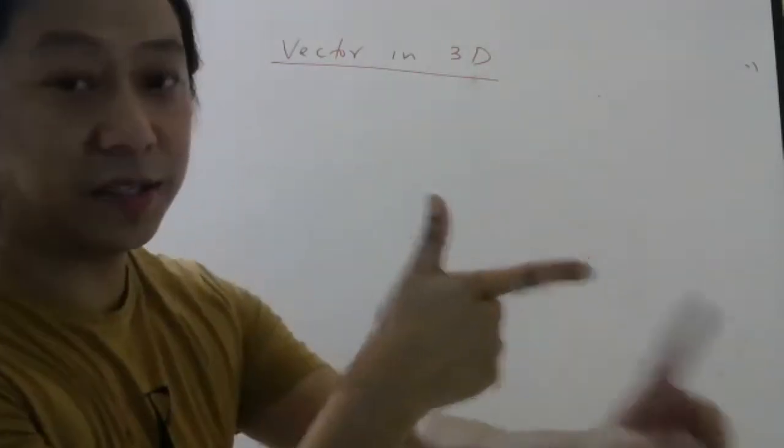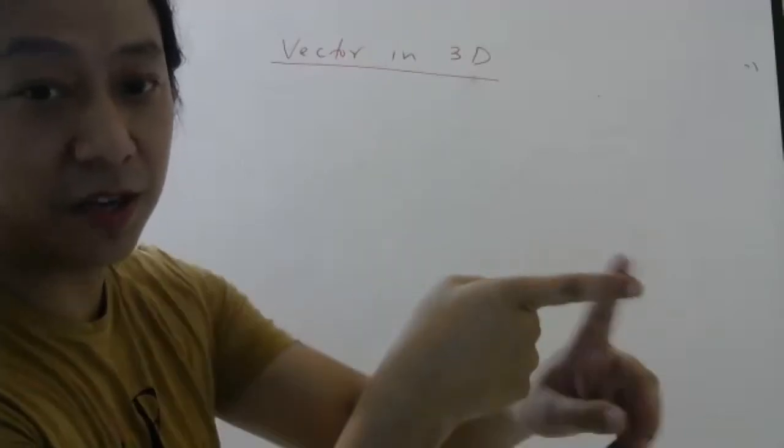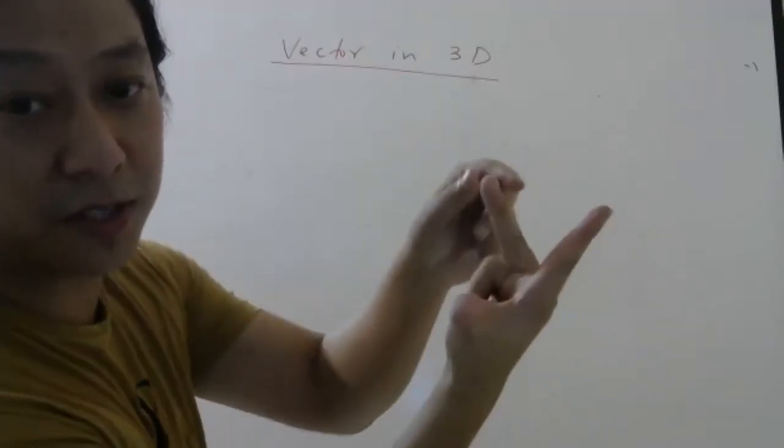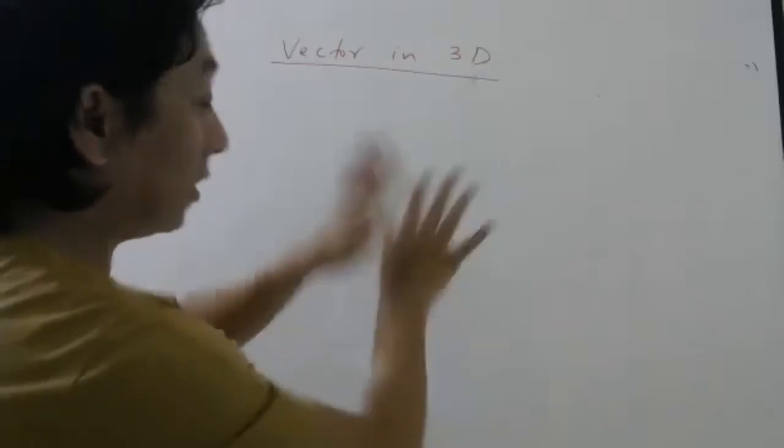This first finger is your x, this is y, which you are not able to see, and this is your z. So it is possible for x, y, z to be there, and the vector is not in the xy plane, not in the yz plane, not in the xz plane, it is somewhere in space.